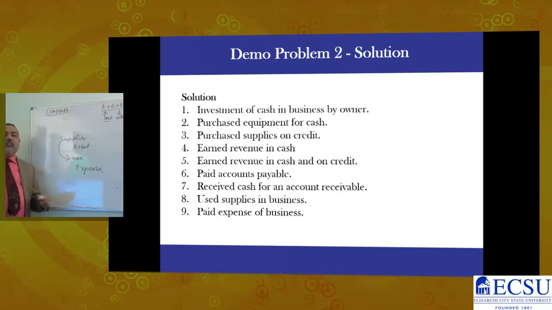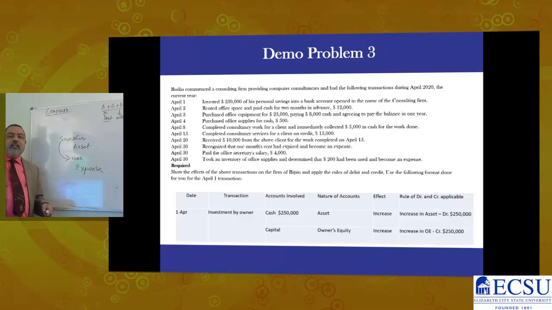So that 1,000 was earned in cash and 1,500 is earned on credit. Paid accounts payable, received cash for accounts receivable, used supplies in business, and paid expense of business. So that is, of course, how we will handle that part. I already explained those concepts to you.